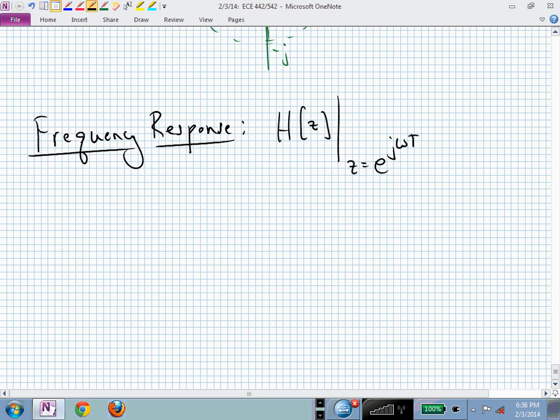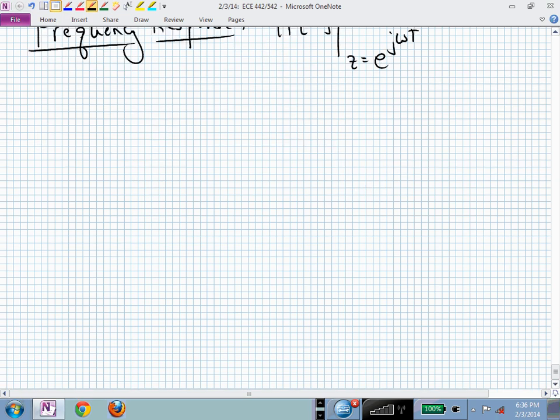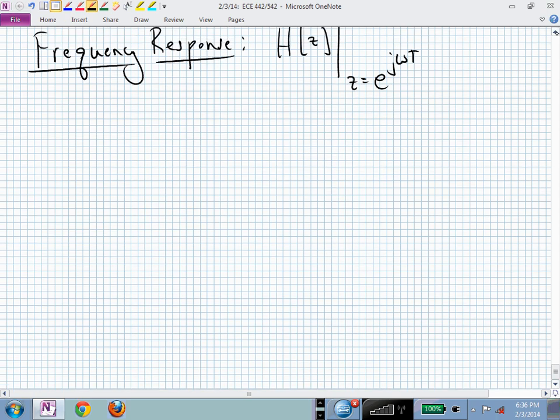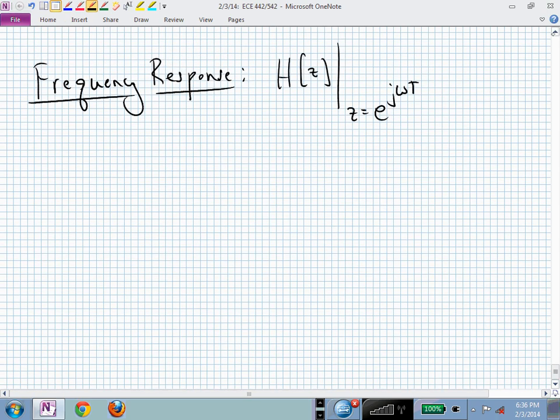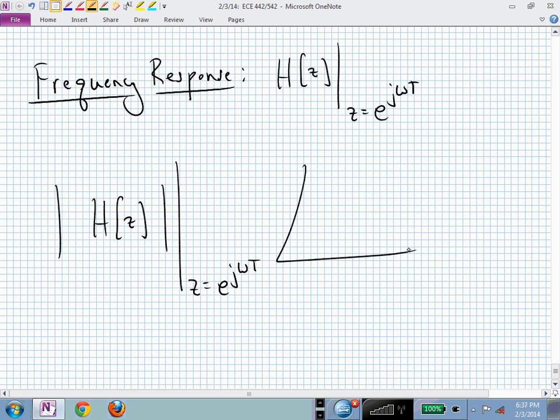If that's a complex number, then we can write it not necessarily in rectangular form, but in polar form as having a magnitude and an angle. Meaning we can find the magnitude, with a bunch of vertical lines, and an angle.